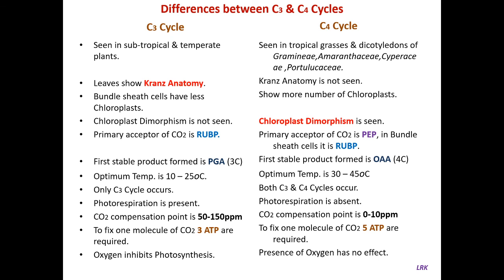The CO2 compensation point is 50 to 150 ppm in C3 plants, and in C4 plants, it is 0 to 10 ppm. To fix one molecule of carbon dioxide, 3 ATP are required in C3 plants, and in C4 plants, a total of 5 ATP are required. In C3 plants, oxygen inhibits photosynthesis, and in C4 plants, the presence of oxygen has no effect. So these are the differences between C3 and C4 plants.